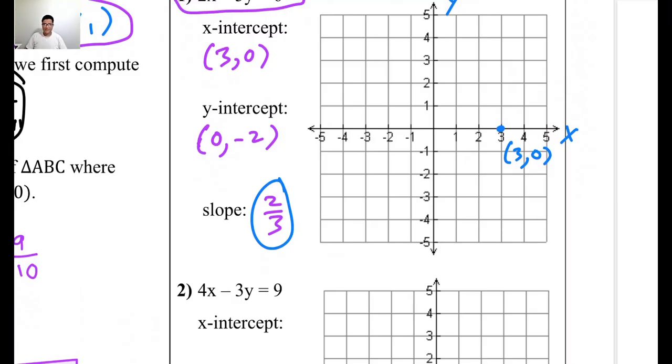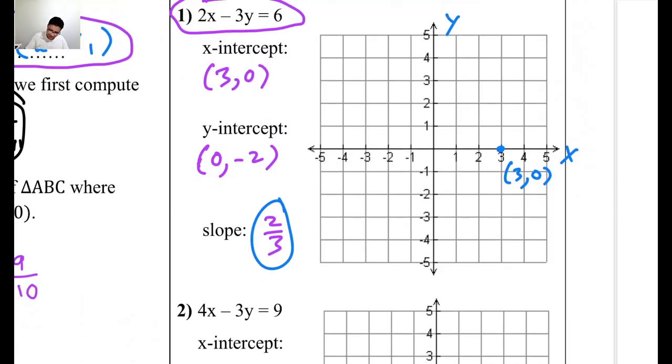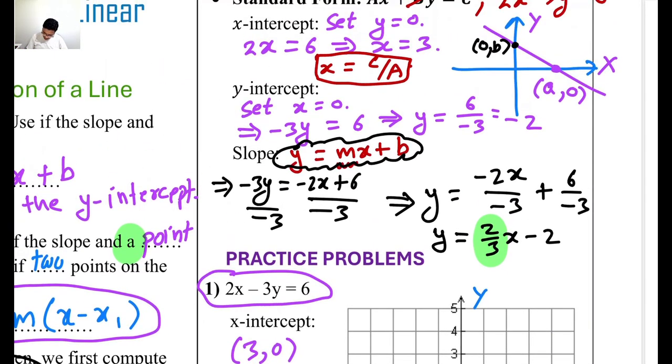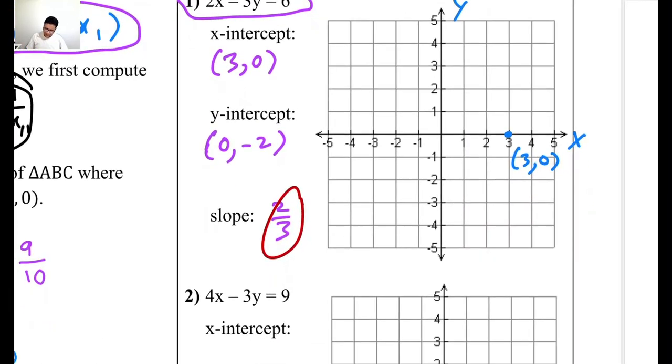Suppose you have computed one point on the line, 3, 0, and you have calculated the slope as 2/3. So what you will do is go 2 units left, oh, was it 2/3 or 3/2? What did I do earlier? 2/3. Okay, 2/3.